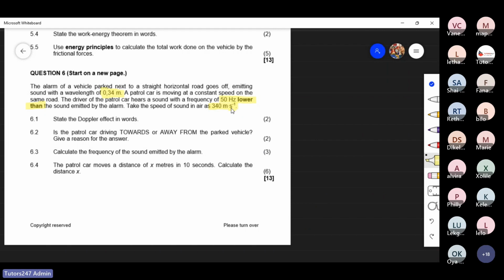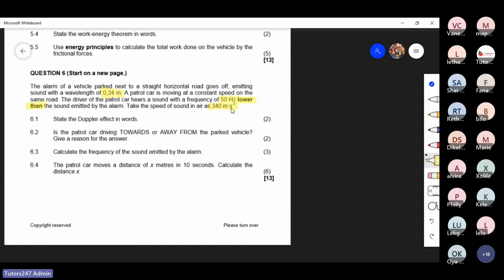So the fact that they have mentioned that the frequency detected by the listener is 50 hertz lower than that of the source, that word lower is important. That word lower indicates that the patrol car is moving away from the source.